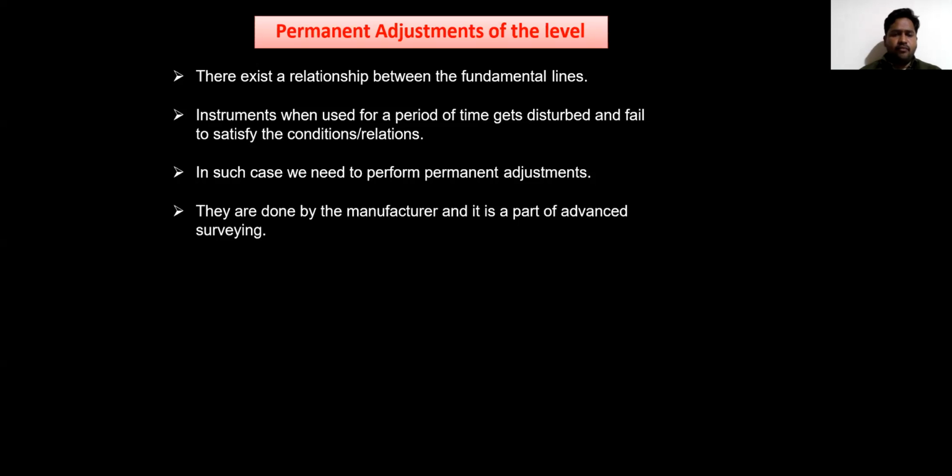If not, we need not. They are done by the manufacturers and are a part of advanced surveying. Whatever these fundamental permanent adjustments are, they will be done by the manufacturer itself, and it is a part of advanced surveying also.